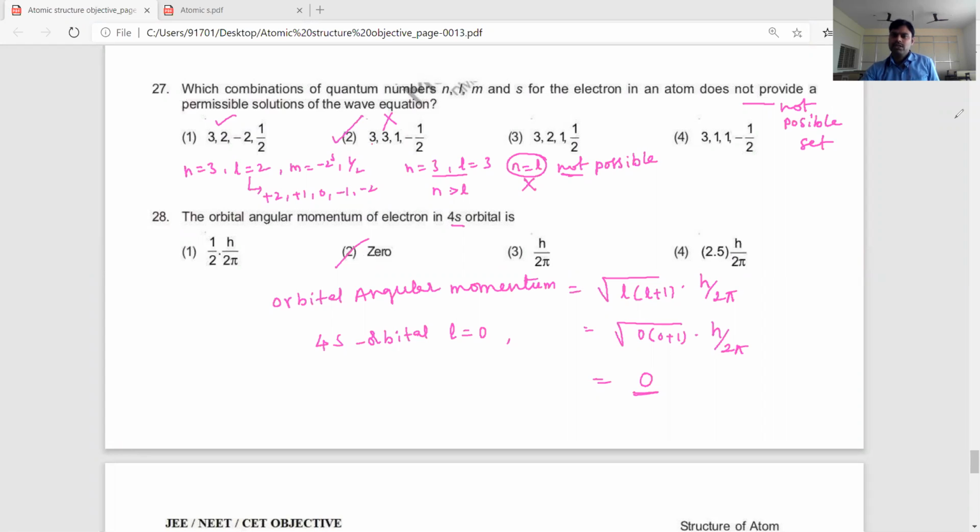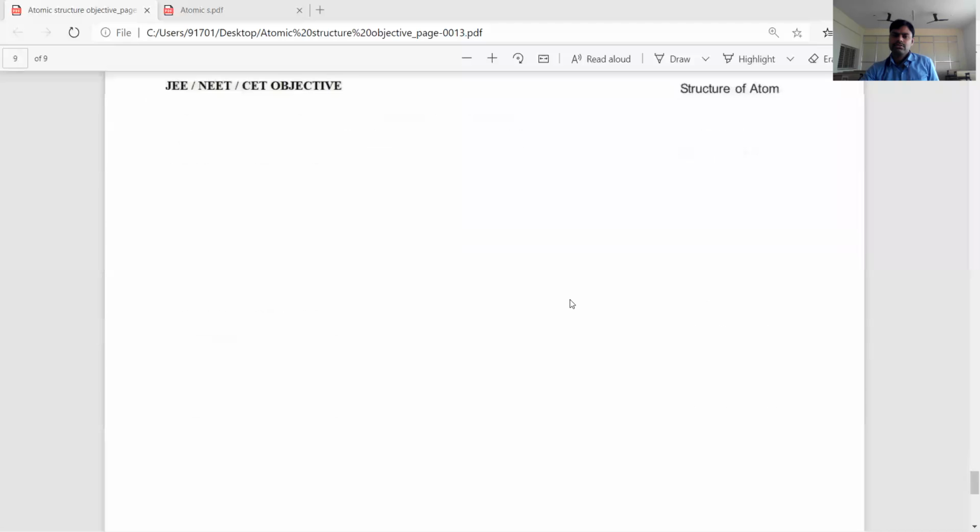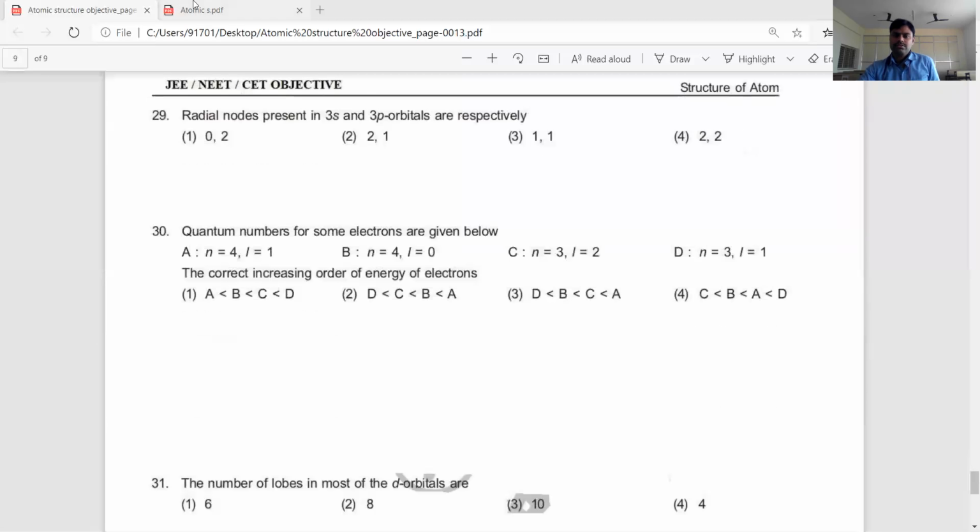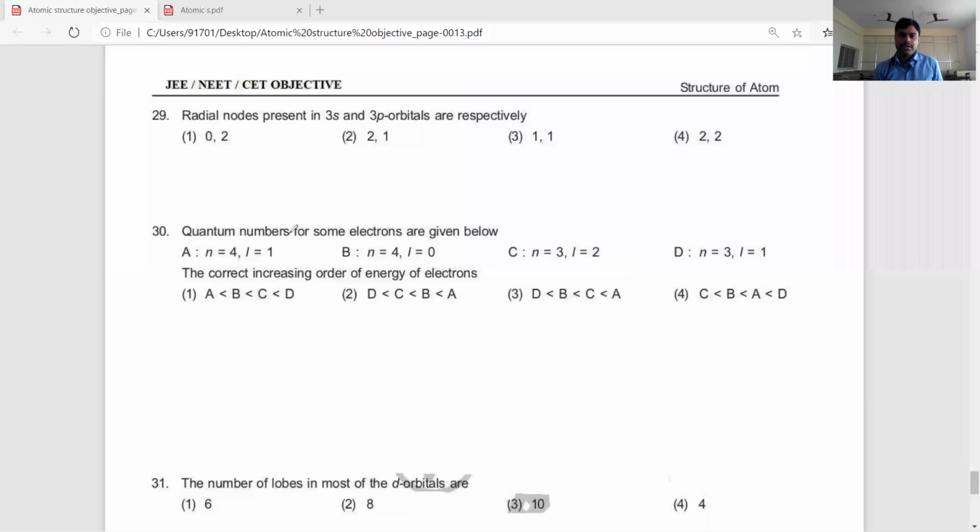Let's go for the next question. The radial nodes for 3s and 3p. What is the radial nodes formula? Nodes are of two types: one is angular nodes, the second is radial nodes. The radial nodes formula is n minus l minus 1.